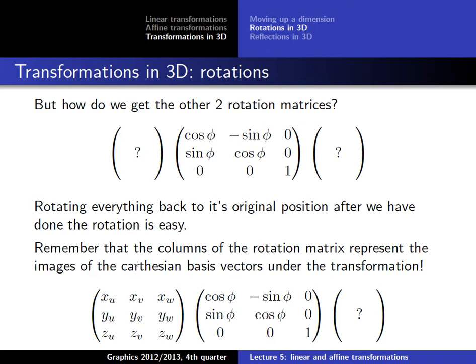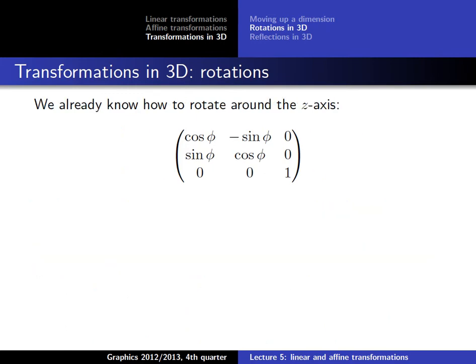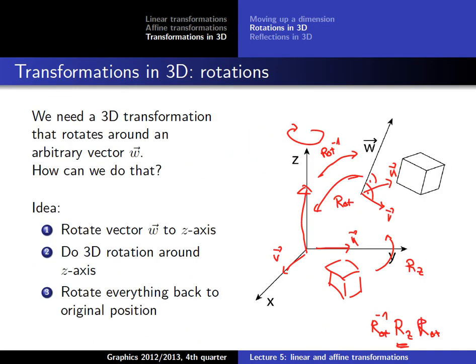In that case here, the reverse operation is actually very simple if you remember what these column vectors are. The column vectors are the images of the base vectors after applying the linear transformation to it. And rotation is a linear transformation.